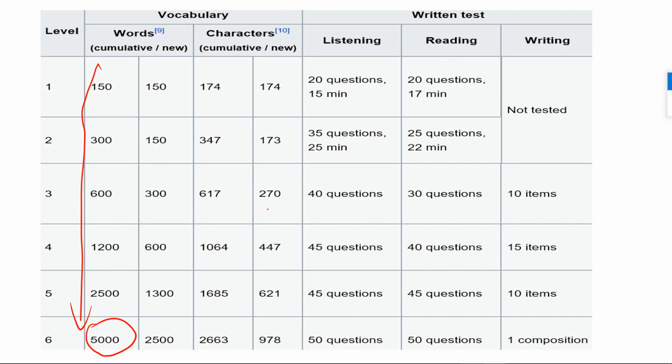However, that doesn't mean 5,000 Chinese characters, right? You actually only have to master half of that number of Chinese characters, because Chinese words are formed by characters, and you can combine the same old characters into totally new words, right?